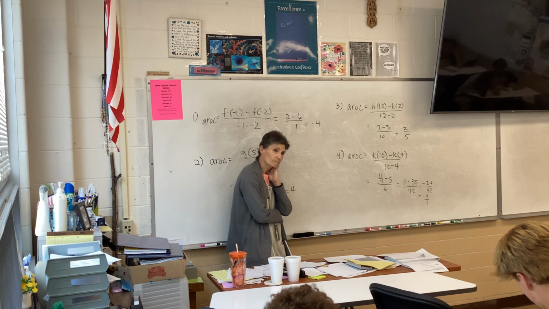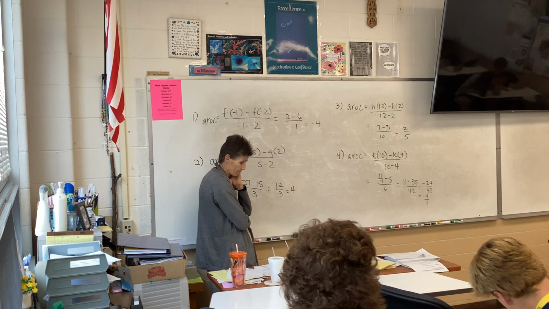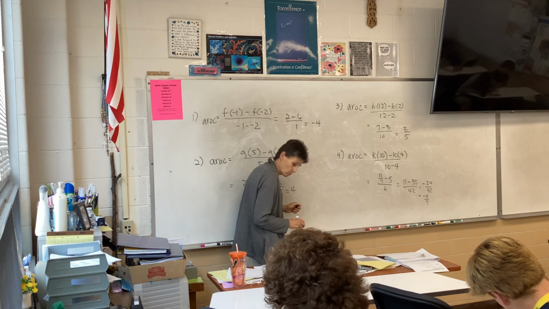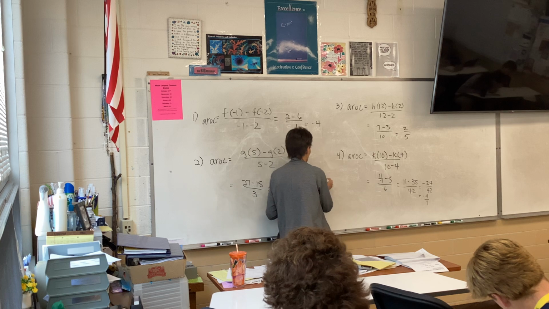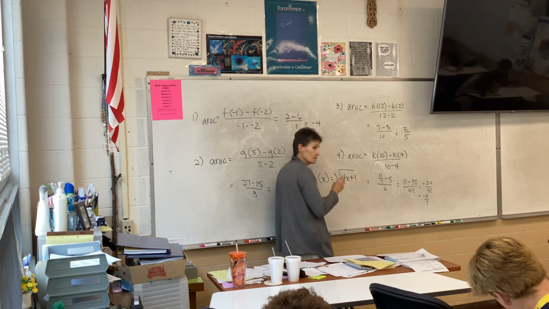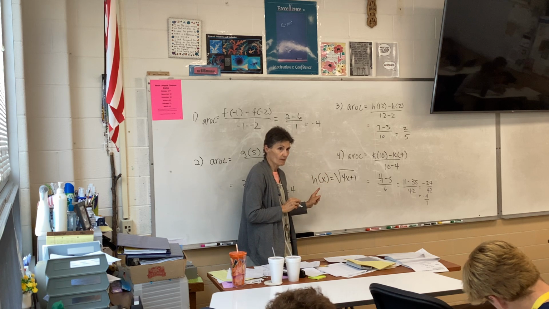Yeah, cool. On number 3 with the square roots, why would we not do plus or minus? Okay, so first of all, we don't change our problem. Our problem says h of x is this, so that's what it is. There's no plus or minus in there.